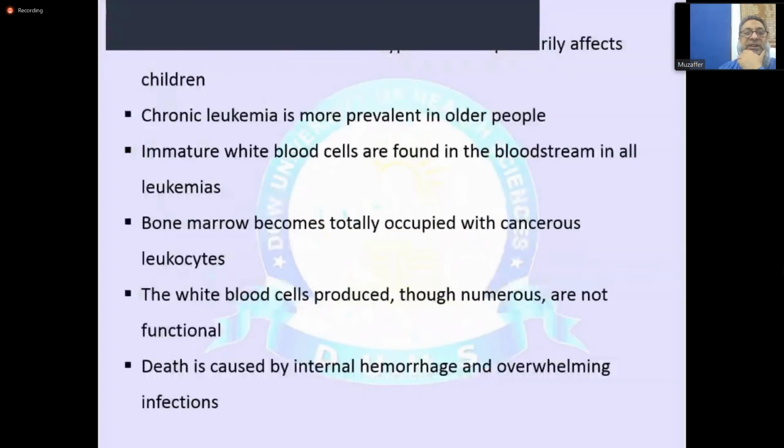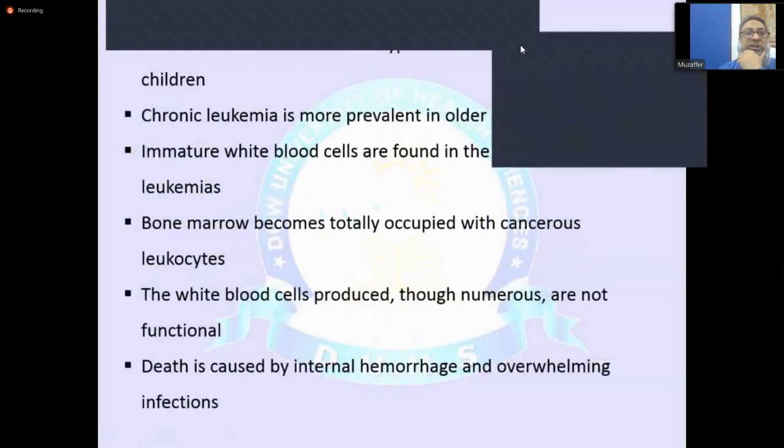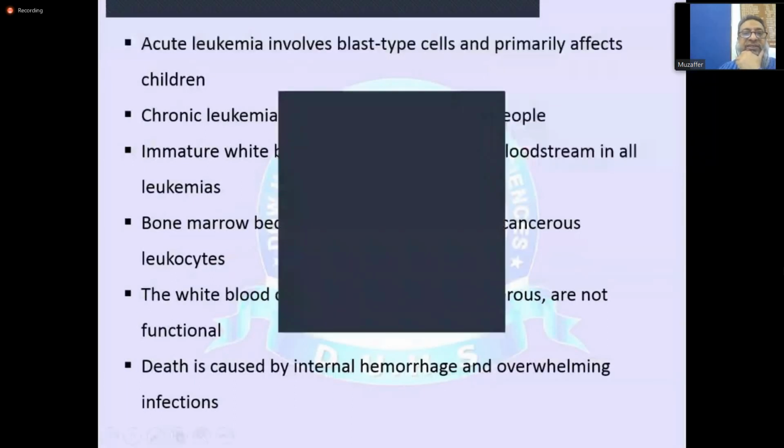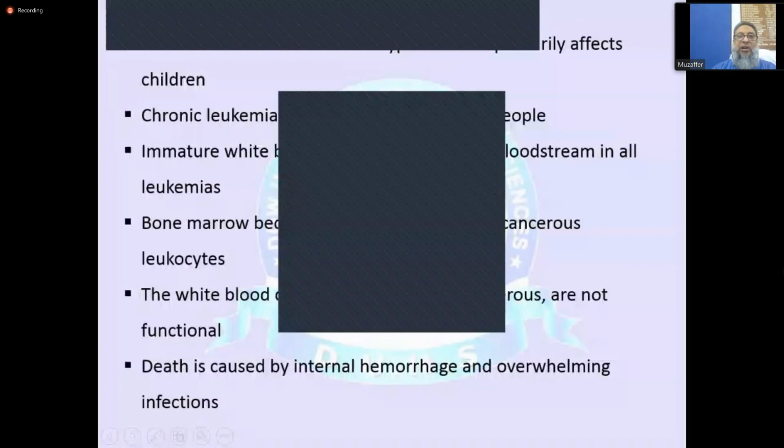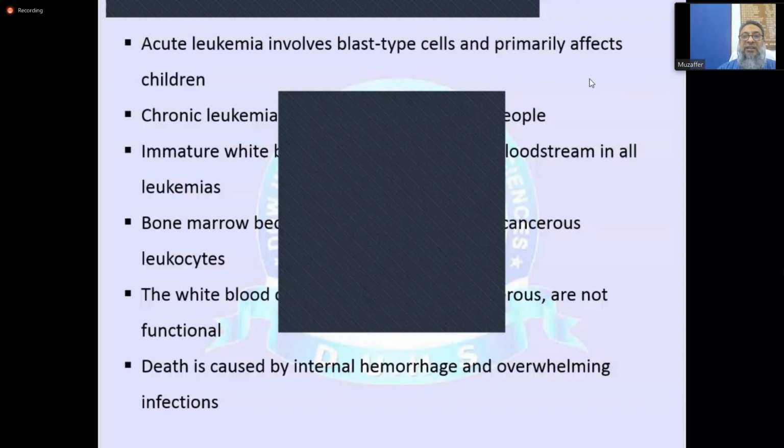Then we have acute leukemia, which involves the very typical blast type cells, and is primarily seen in children and the younger age group.